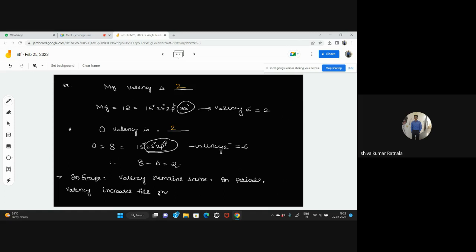It increases till the middle of the periodic table, and after that it decreases till 0.